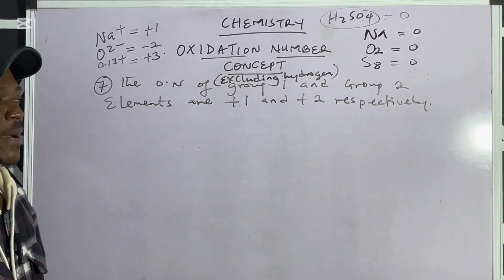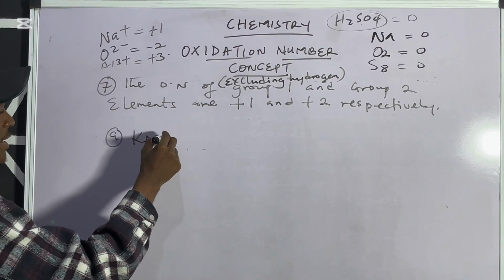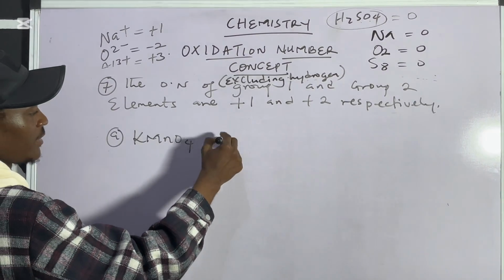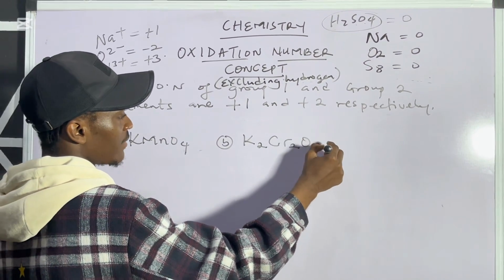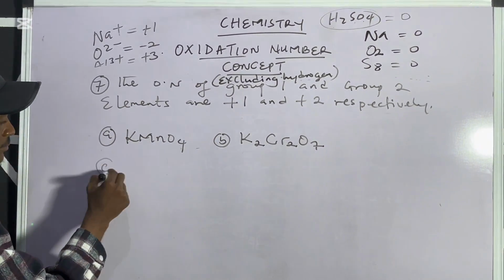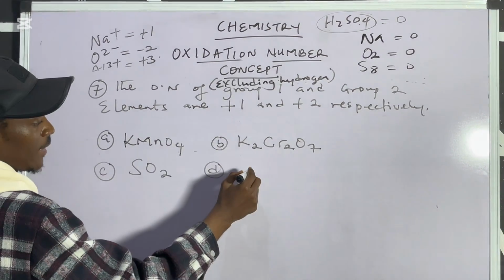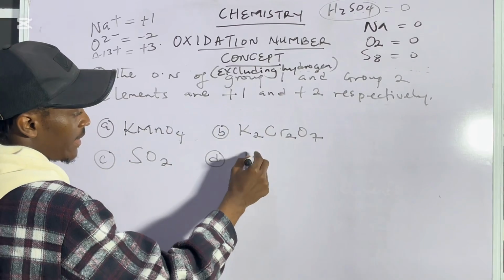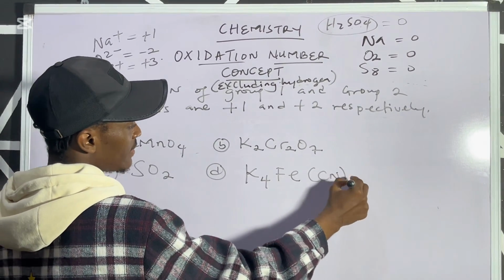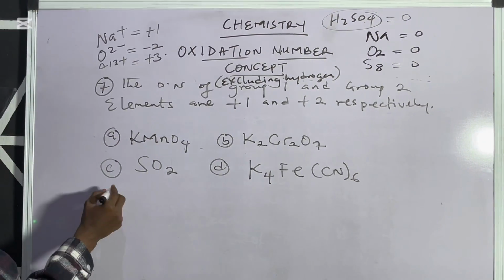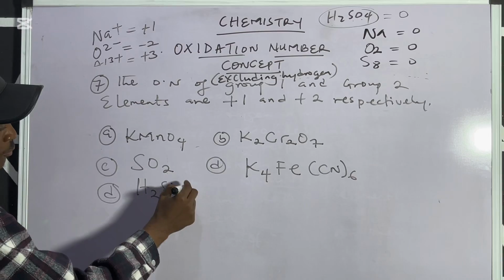A situation whereby you are given this compound KMnO4, you are given K2Cr2O7, you are given SO2, you are given K4Fe(CN)6, then probably you are given H2SO4.